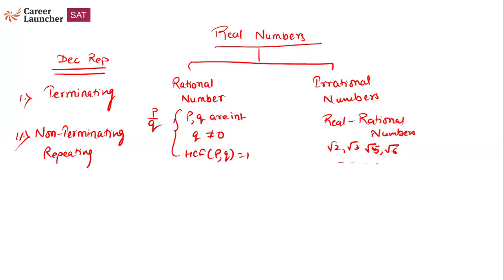Now, if I talk about the decimal representation of irrational numbers, then these are of only one type. That is, they neither terminate nor repeat.